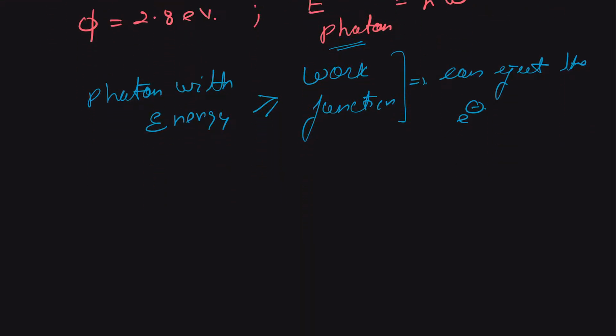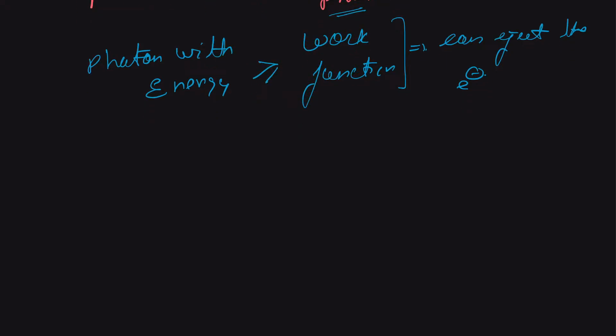So let us say omega 1 is equal to 3 into 10 raised to power 15, giving us energy E1, that is 6.58 into 10 raised to power minus 16 multiplied by 3 into 10 raised to power 15.